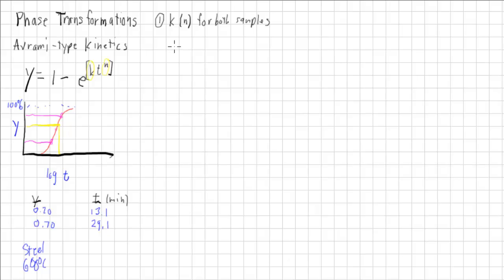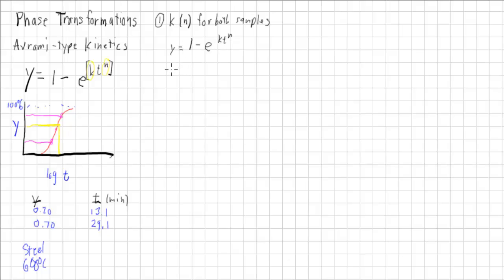Let's start with our Avrami equation. Y equals 1 minus e to the k t to the n, and we're going to solve for k here.